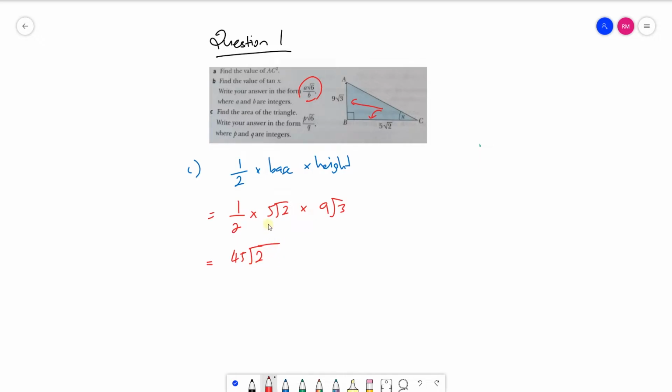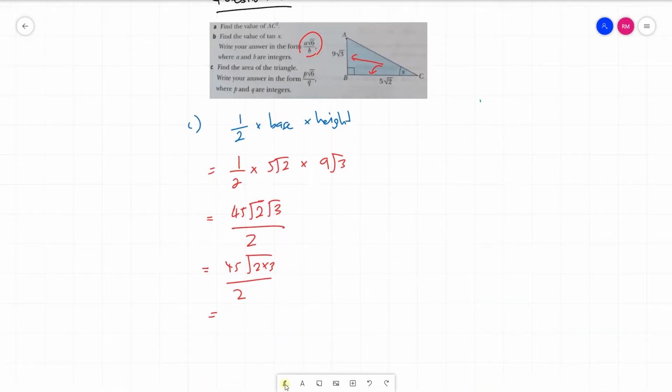Surd 2, or maybe I'll do it one by one for you to understand further. So surd 2, we can just multiply with surd 3 over 2. Alright, so 45, surd 2 times surd 3 over 2, which is equal to 45 surd 6 over 2. Alright, now we got the answer in the form of surd 6 straight away, so we don't need to do anything else.